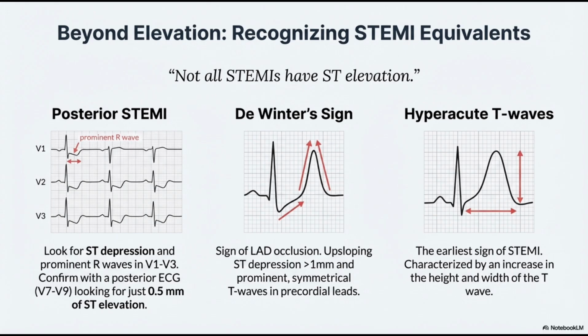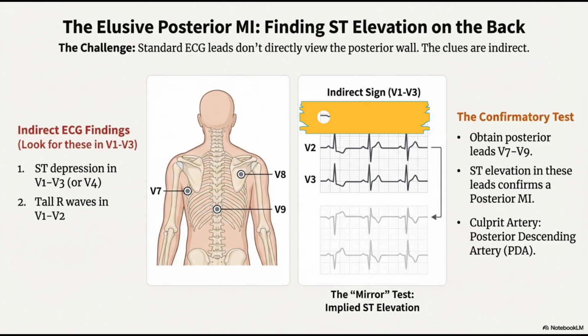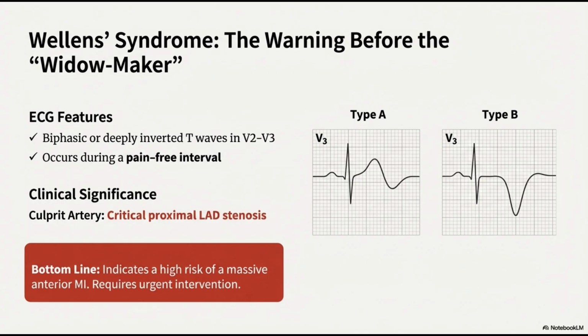So if you see ST depression in V1 to V3, you have to think posterior MI until proven otherwise. But you still need confirmation. Absolutely. The definitive test is to actually record posterior leads V7, V8, and V9 on the patient's back. The diagnostic criteria there is ST elevation of at least 0.5 millimeter.